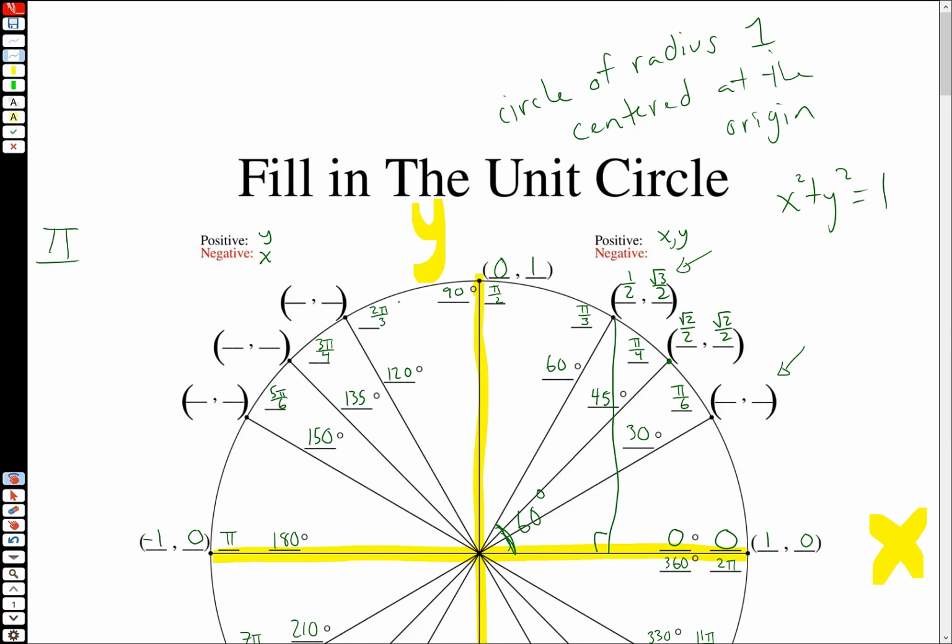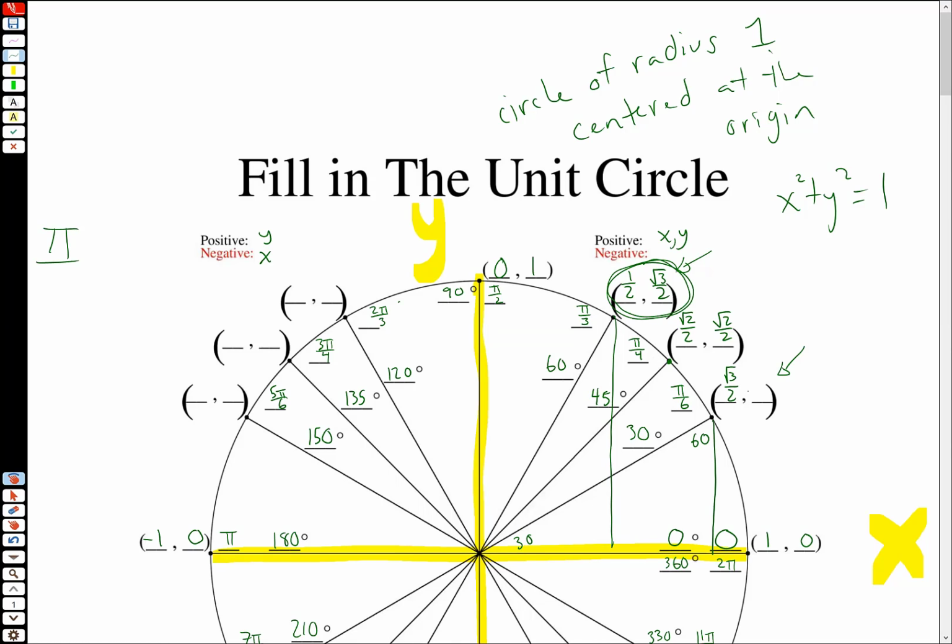And now again, like I said before, for this other coordinate, we actually get this for free, because if we were to drop this down, we would get 30 here and 60 here, which is the opposite of the triangle that we just looked at. So all we have to do to get these coordinates is flip the ones that we just got.